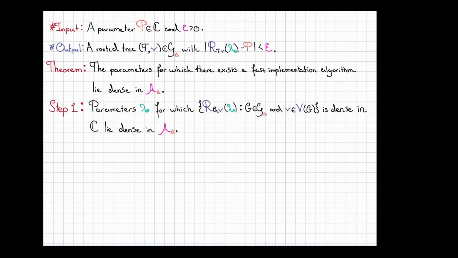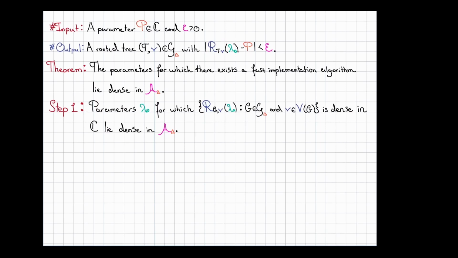So at first, you need to show that if you're near any parameter in the activity locus, we can find parameters for which the ratios are dense in the complex plane. I mean, if we want to have a fast implementation algorithm, we first need to know that there exist graphs that have ratios near any given parameter.